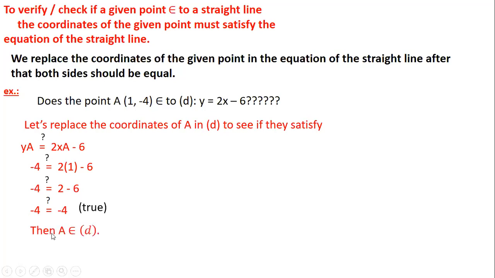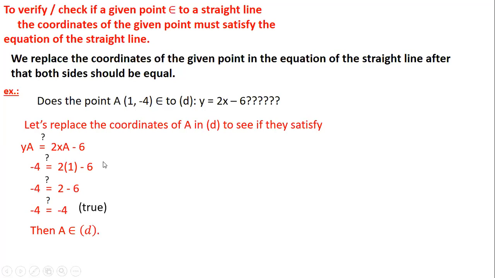That's why I say point A belongs to D. So to know if a point belongs to a straight line, we should replace the coordinates of the given point in the equation of the straight line, and after that, both sides of the equation should be equal to each other. So this is the rule. You have the rule here. You have a direct application down. You write the rule, you apply the application I did now.